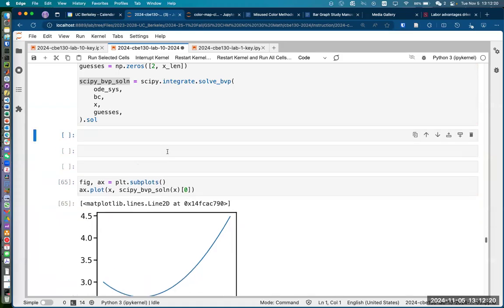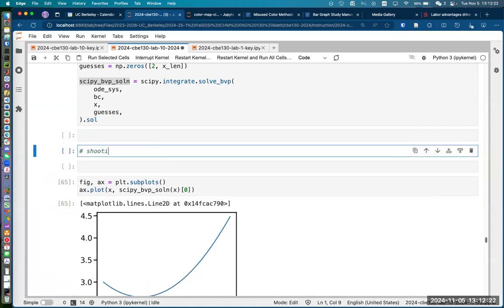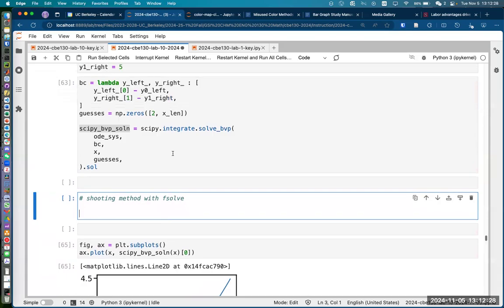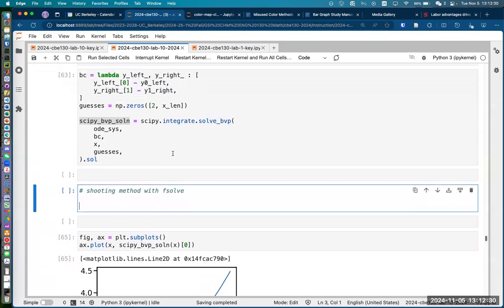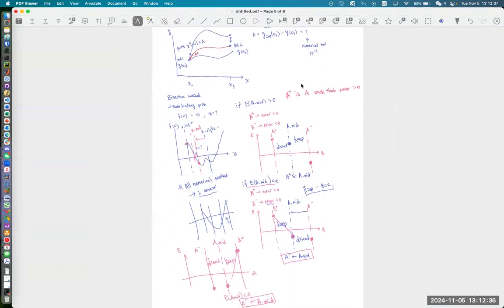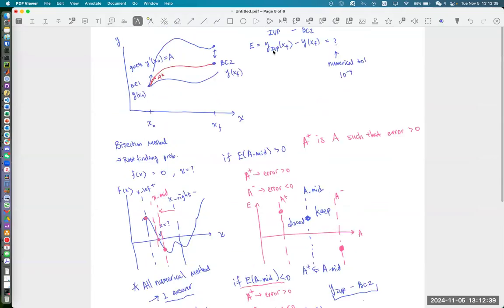And now we want to try how to solve it with the shooting method with fsolve instead. So in this case, we want to solve for A such that the error between them is 0. So this is our function to solve. So we'll have the error function is equal to 0.